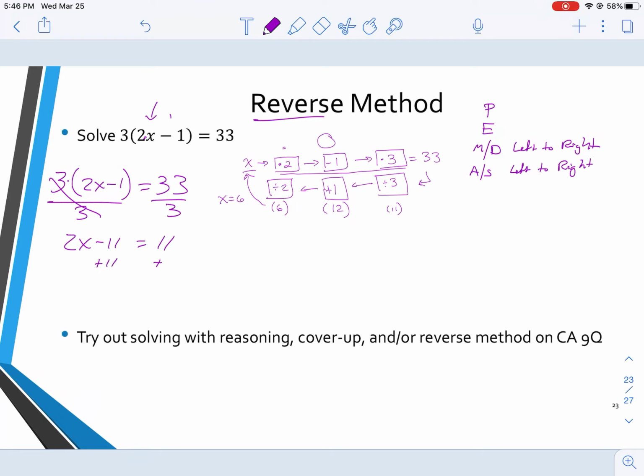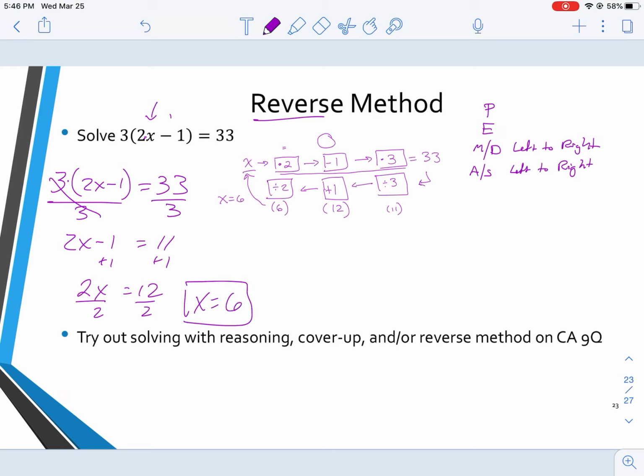Then I would add 1 to both sides. Sorry, not 11, 1. See that 2x minus 1, I just copied it wrong. So then I add 1 to both sides. That gives me 2x equals 12. And last, I divide both sides by 2.